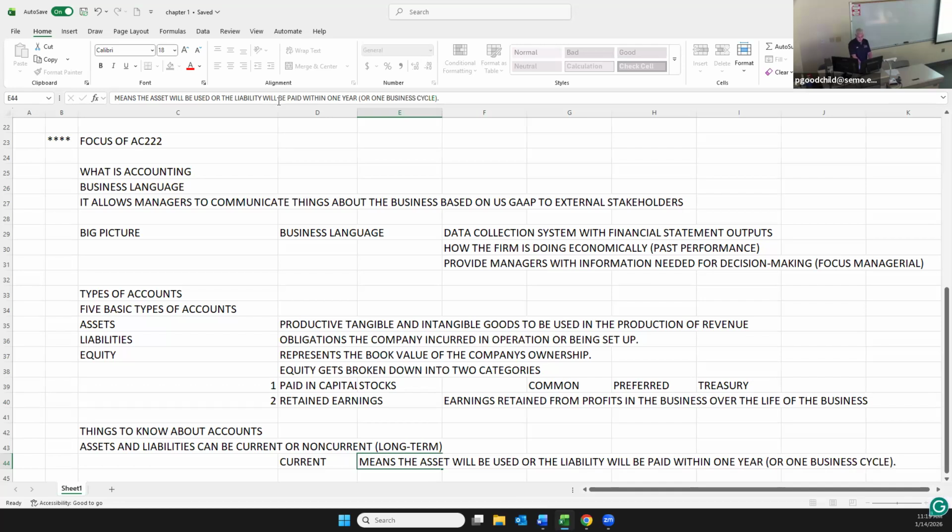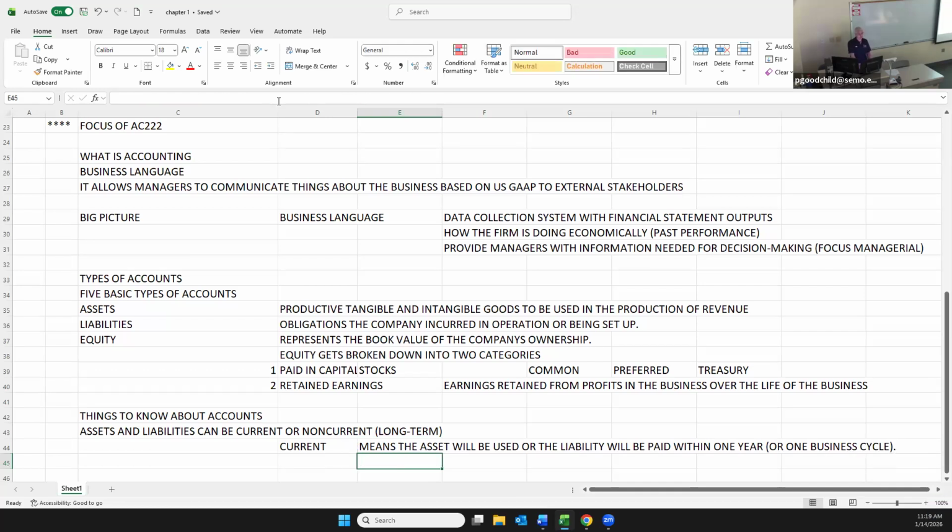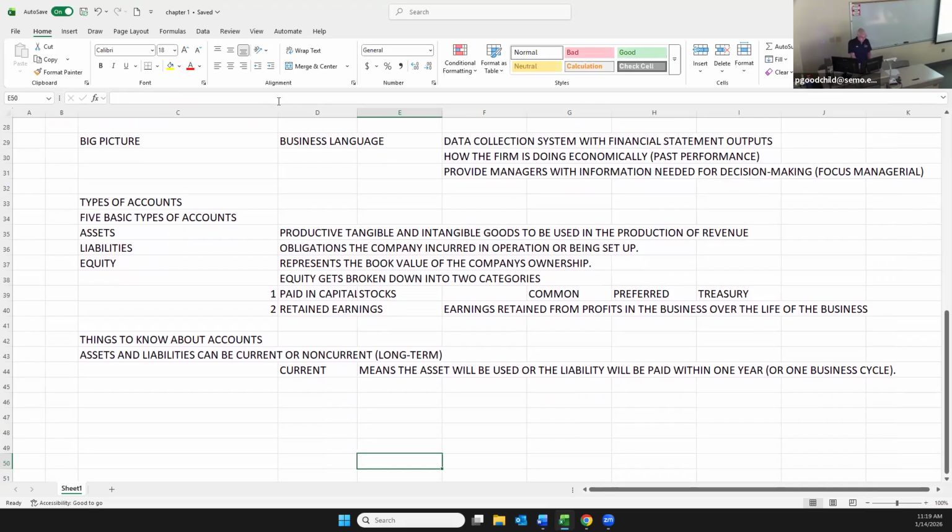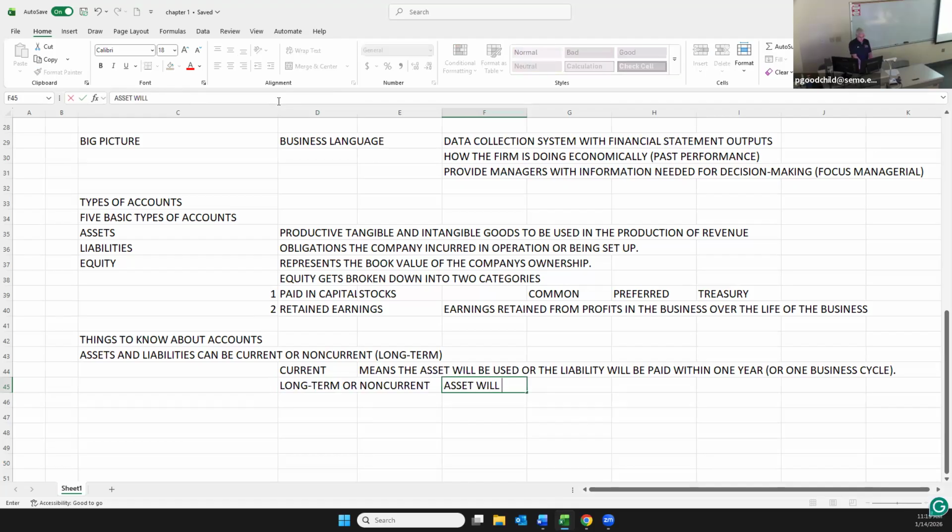Very rarely do companies have business cycles longer than a year, but a few like shipbuilding companies and building companies have longer cycles. And then you have long term or non-current. Asset will be used over a period longer than a year, or liability due after 1 year.